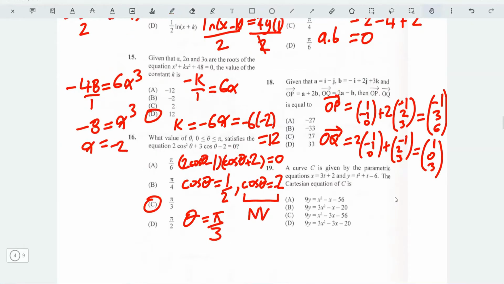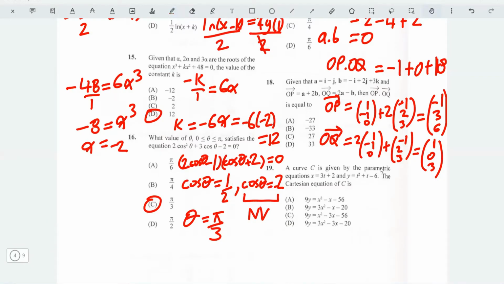So OP dot OQ is now equal to negative 1 times 1 is negative 1, plus 3 times 0 is 0, plus 6 times 3 is 18. Something looks off right here because I'm getting 17.